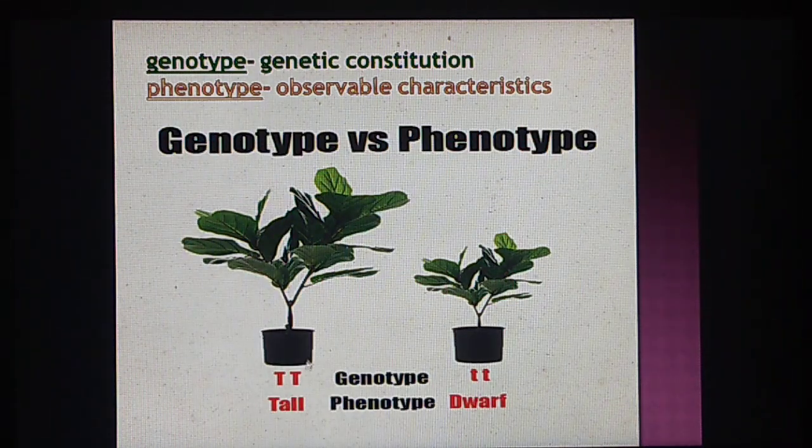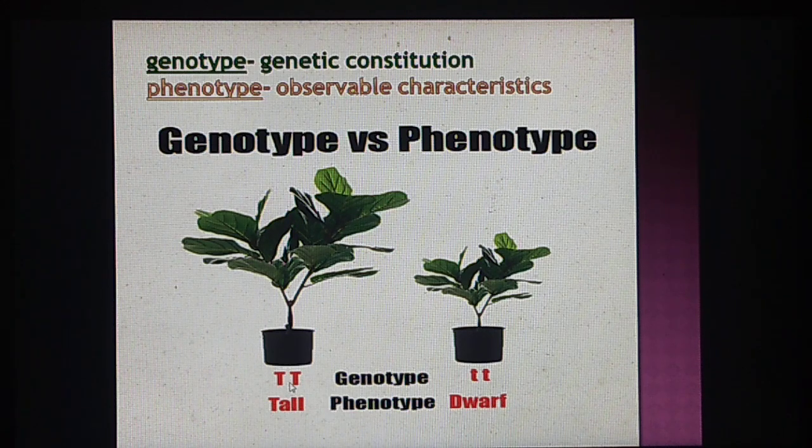For example, here there are the phenotypic and genotypic features which are seen. Tall or dwarf is the phenotype, or the observable characteristic, whereas genotype is the genes that are present.